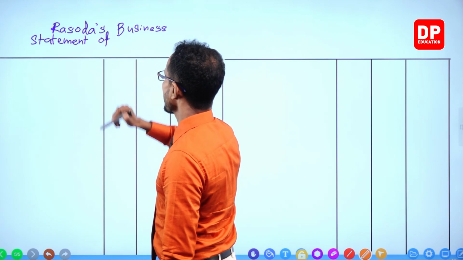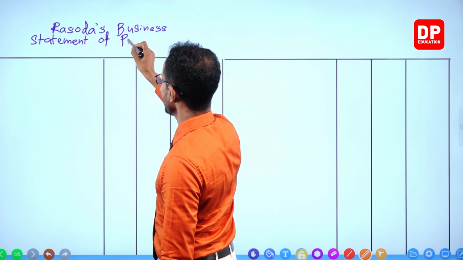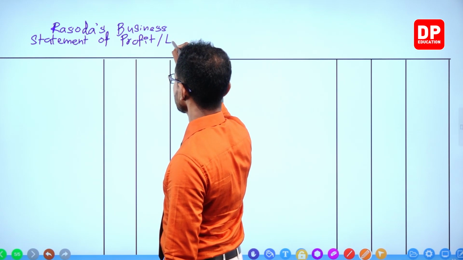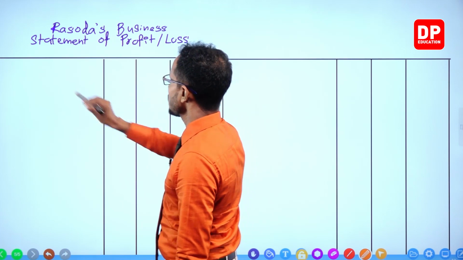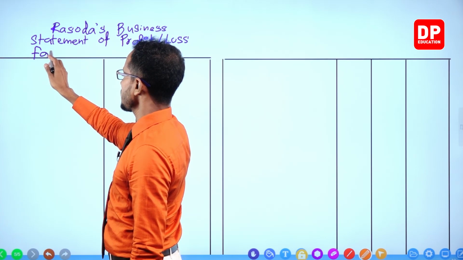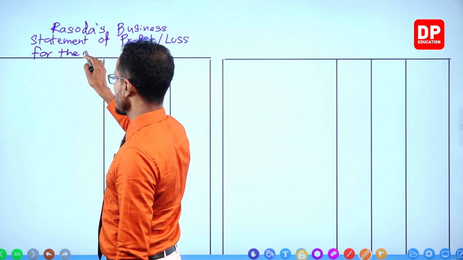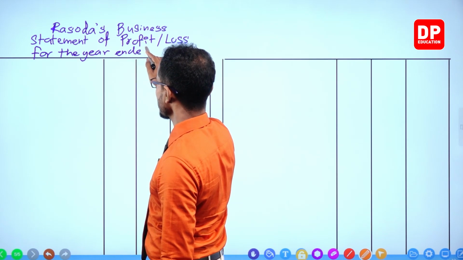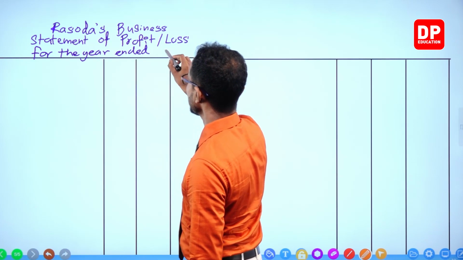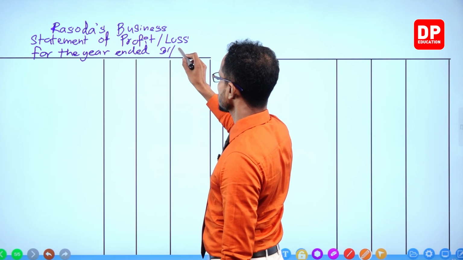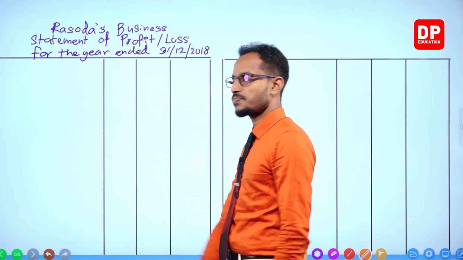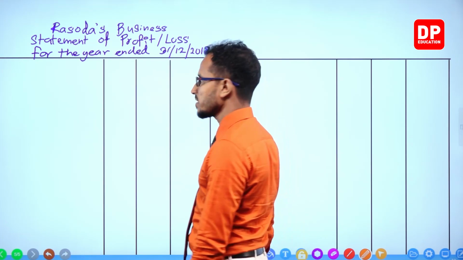Rasoda's business. Statement of profit or loss. For the year ended. Don't write asset here. For the year ended 31st December 2018. That's how you write the name.